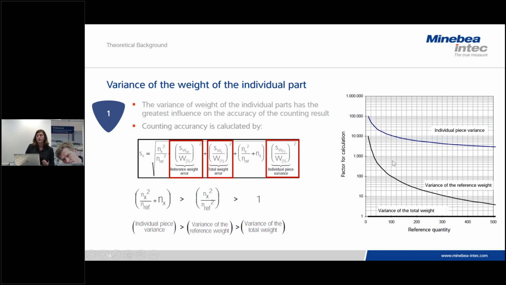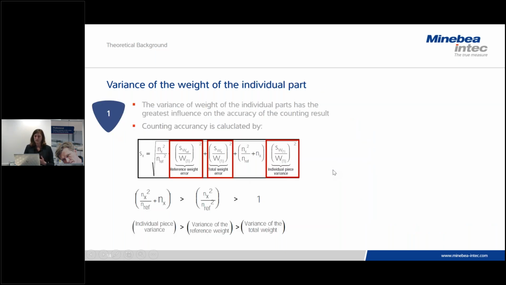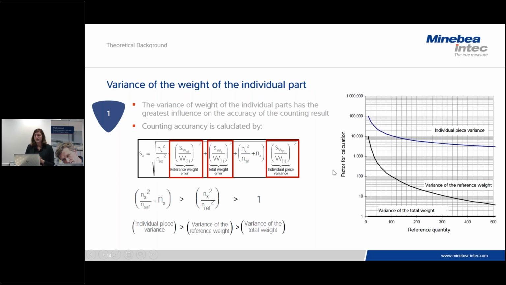When we take the variance of the reference weight, the factor is about 100, and the variance of the total weight is always 1, as the factor is only 1 in front. So we see that the variance of the individual piece has a big influence on the counting result.